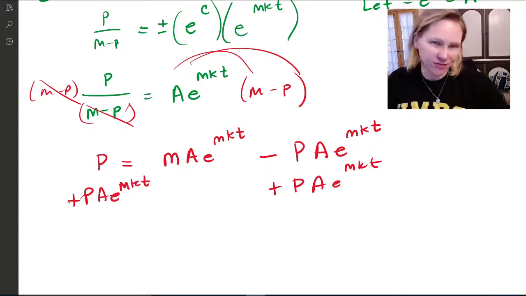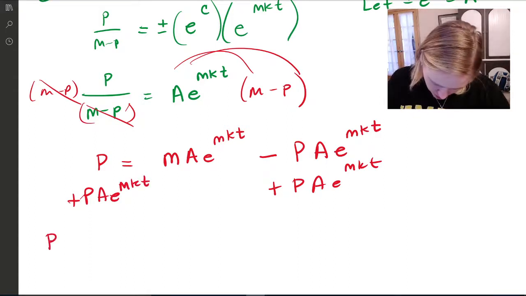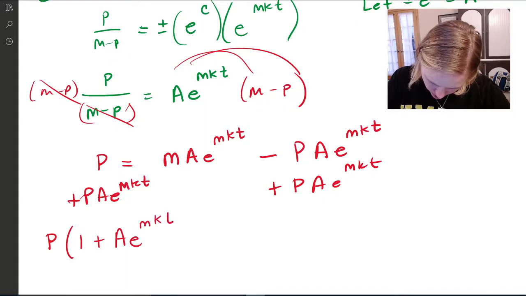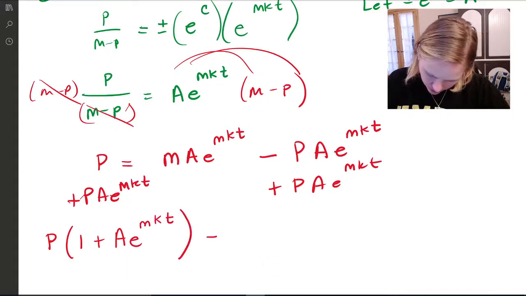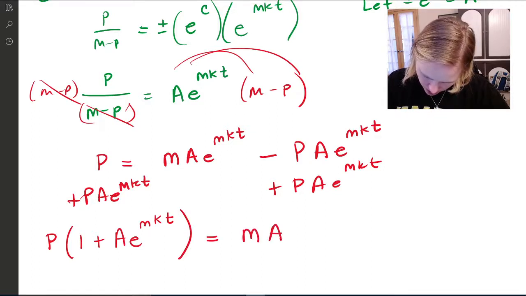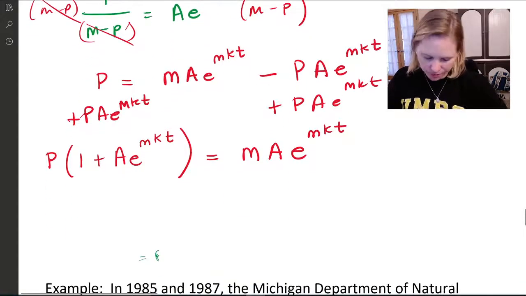When I do that, I can factor out a p. It'll look like this. P times 1 plus A e to the mkt equals m a e to the mkt. So many letters. Getting close.